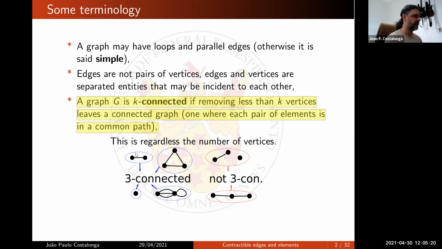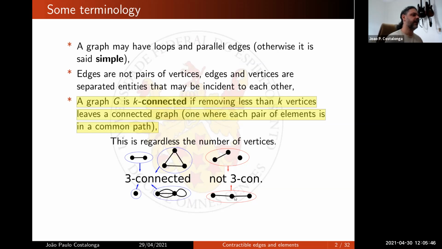So for instance, those small graphs here are now 3-connected, since removing fewer than 3 vertices will leave a connected graph. Including the empty graph, which is connected by vacuity in this definition.